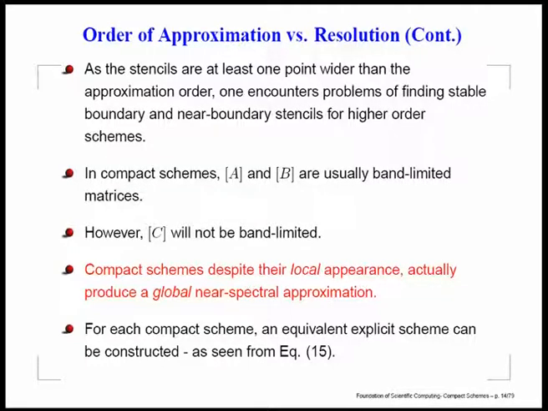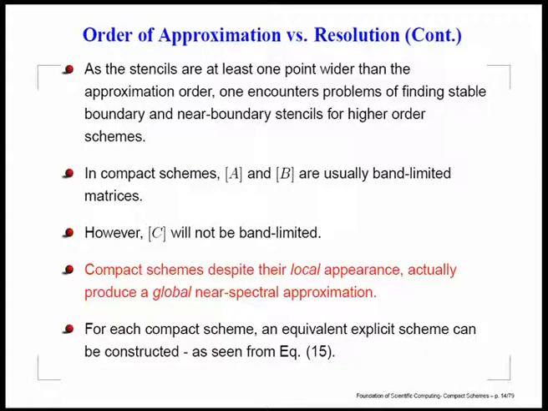The compact schemes are so much more handy and accurate that the so called spectral element method, an offshoot of the finite element method that is often used by many people, although they call it a spectral element, does use Lagrange interpolation functions of the order of 3, 4 or 5 at the most.